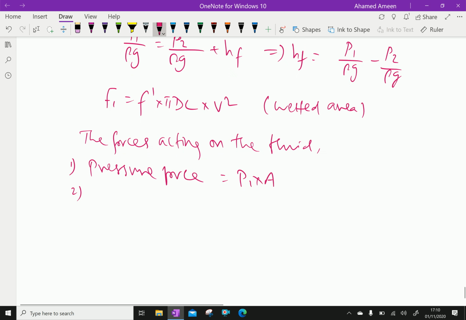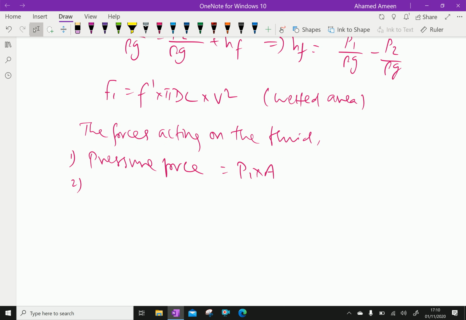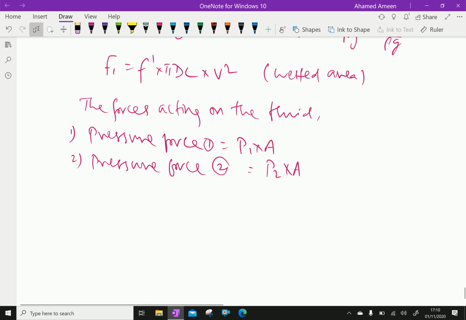The second one, the pressure force at section 2, equals P2 into cross area A. Now the third force is the frictional force, that is F1.